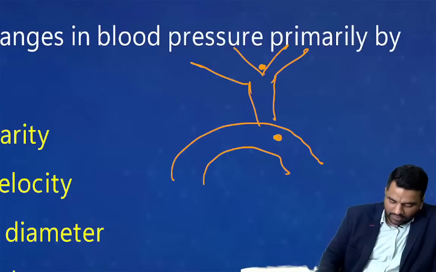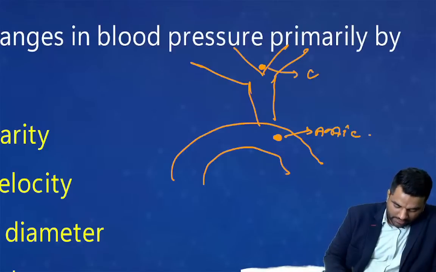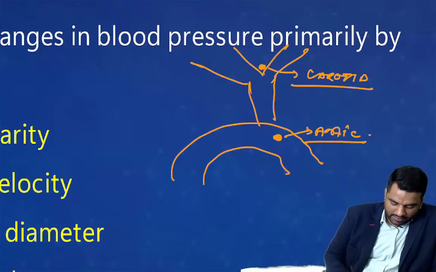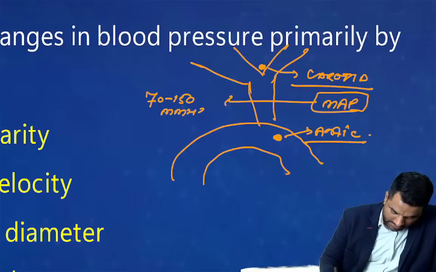Basically, this is the aortic baroreceptor and this is the carotid baroreceptor, and they check the mean arterial pressure. And what is the range of mean arterial pressure, beta? This is from 70 to 150 mmHg.